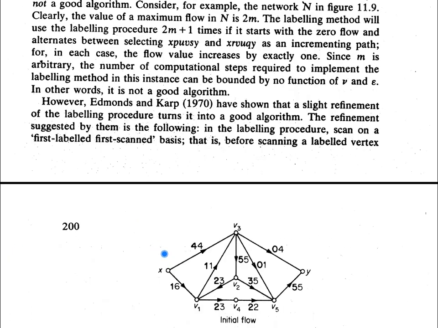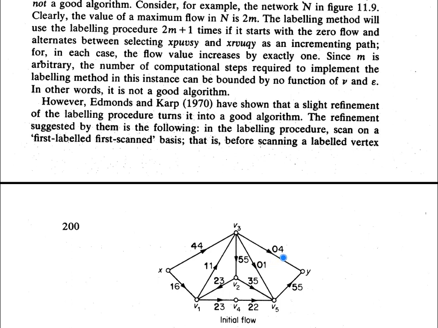For instance, let's see this initial flow. You can start with zero flow, for instance, but here they have already an initial flow from X to Y. And you see that it is actually a flow in the sense that the values of the flow are always less than or equal to the values of the capacity. Flow bold, capacity normal font.